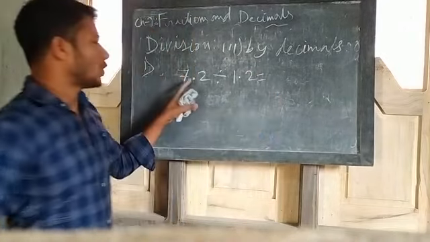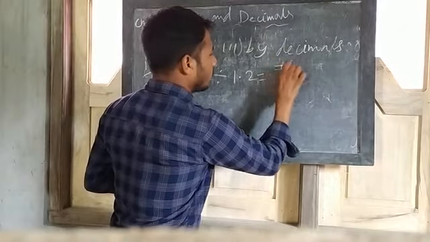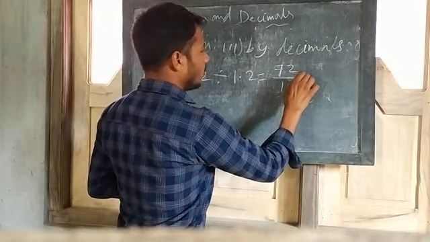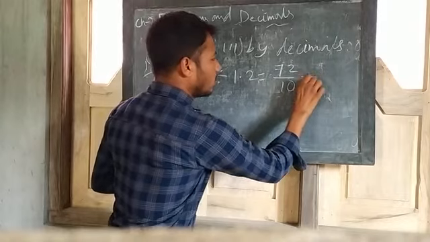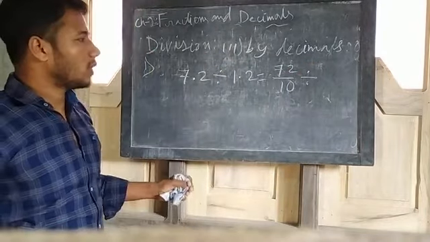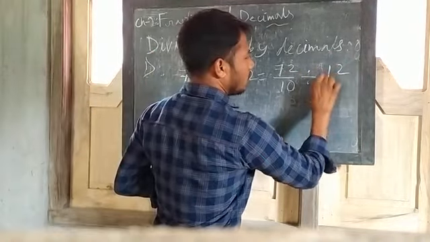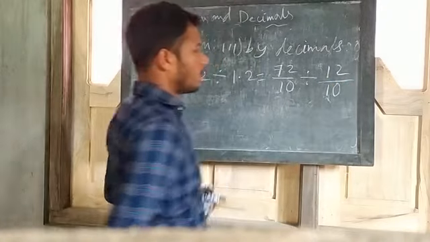You know that 7.2 we can write 72 by 10, and for the division, 1.2 we can write 12 by 10.